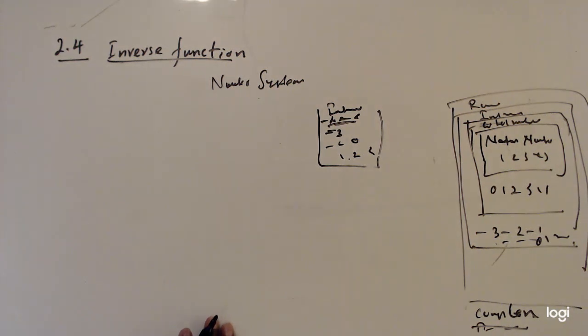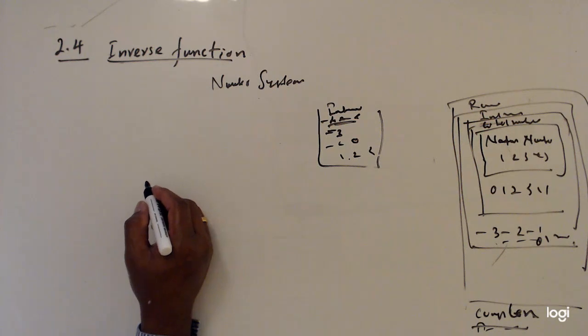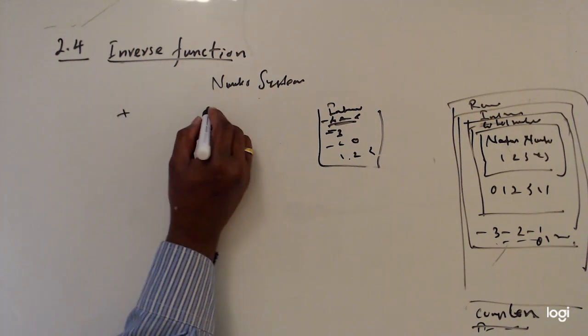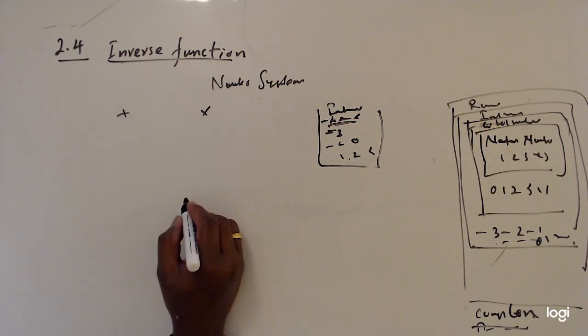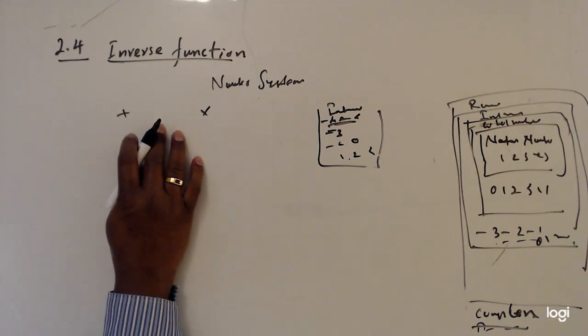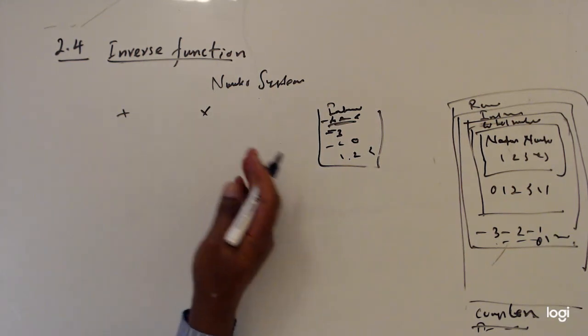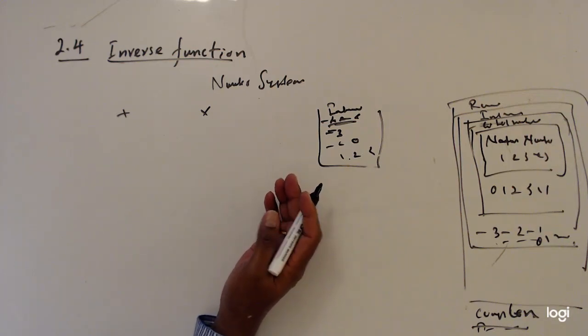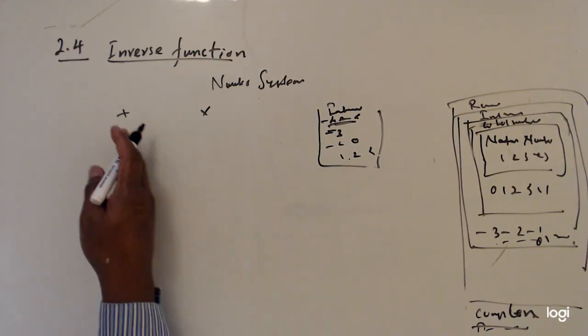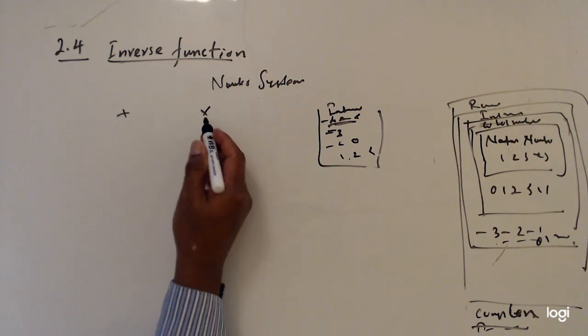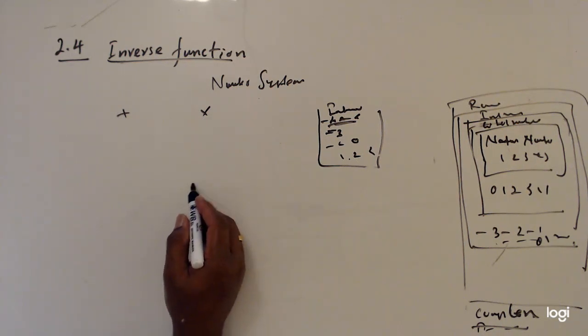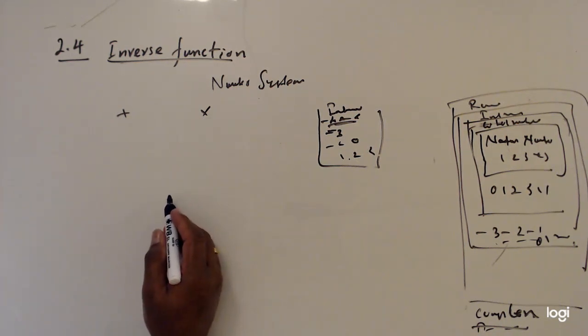So identity means under any operation, what are the operations? Let's say plus and multiplication. We have to check these identities on an operation. So it can be plus or multiplication. I'll consider plus first of all.